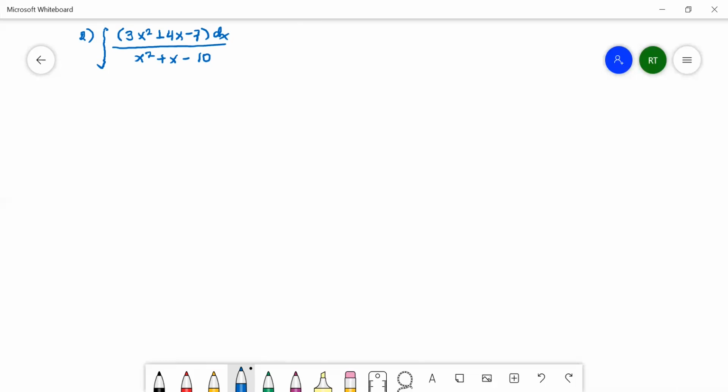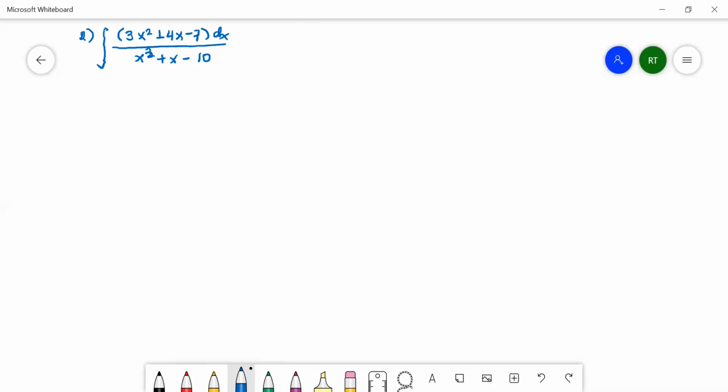Okay, sorry, this should be x cubed. The denominator is x cubed plus x minus 10. And the integrand, which is in rational form, is a proper rational function.